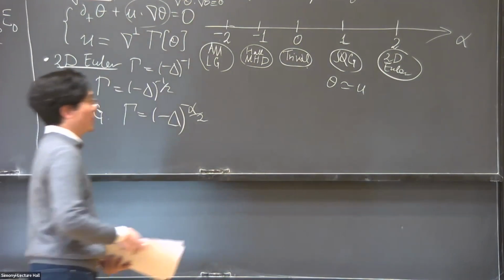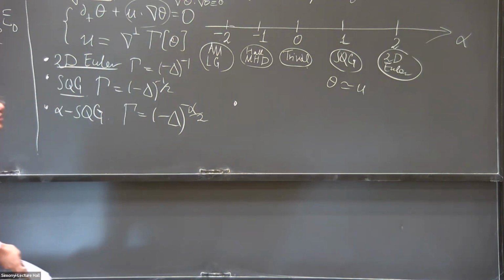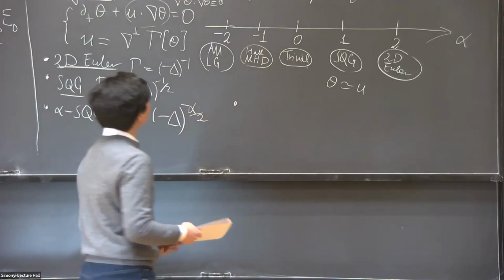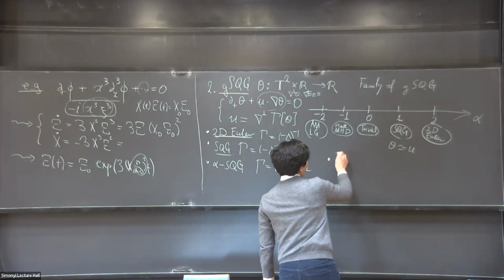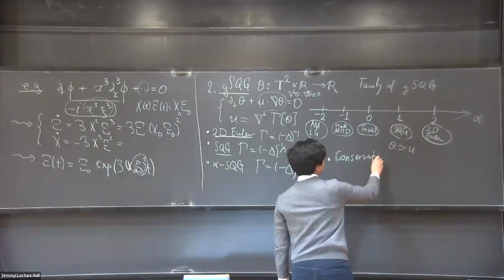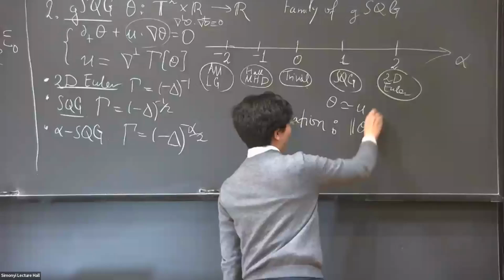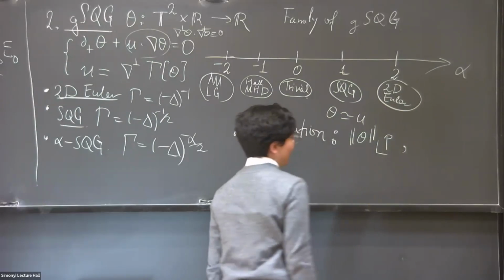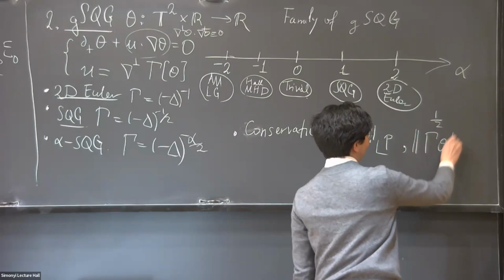Okay, so before I move on, I want to discuss the conservation laws of these equations. First of all, the velocity is always incompressible, no matter what this multiplier is. So all the L^p norms are conserved. Of course, I'm interested only in the coercive conservation laws. First of all, the L^p norms are conserved. And there is another interesting conservation law, which is gamma^(1/2) of theta in L2.